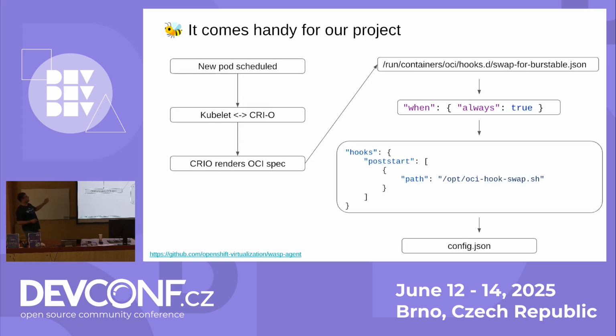So basically, when a new pod is being scheduled, kubelet talks to CRI-O via the CRI API. CRI-O in turn reads the CRI API resource request, renders the config JSON for the OCI runtime, and then CRI-O sees that it needs to always inject the post-start hook. In that way, each pod running on a node with the wasp-agent will be allowed to use swap.